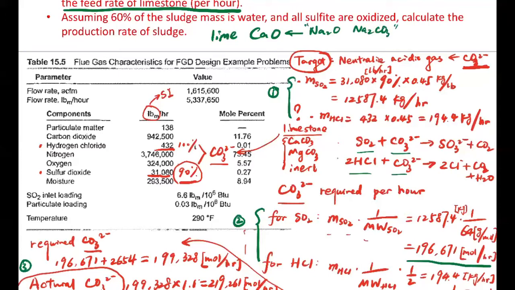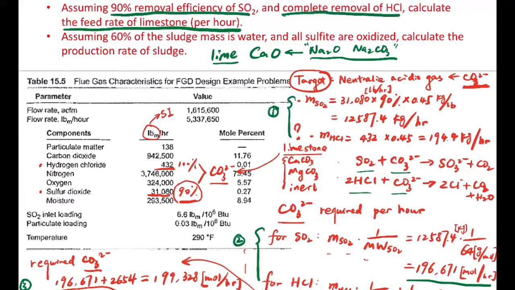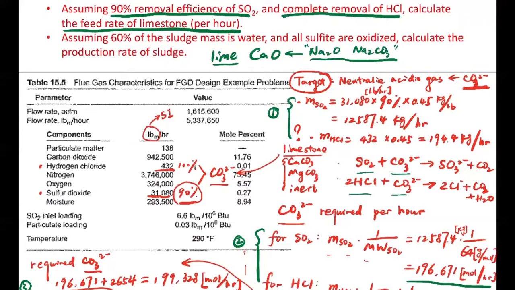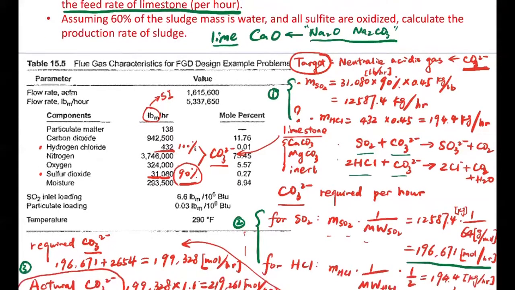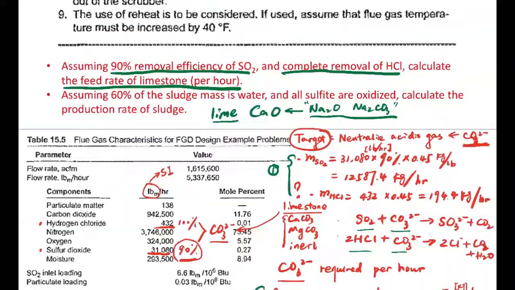So you need to find out the chemical composition of the lime. Basically the lime will react with the acidic gases, similar to the ratios that are provided here.